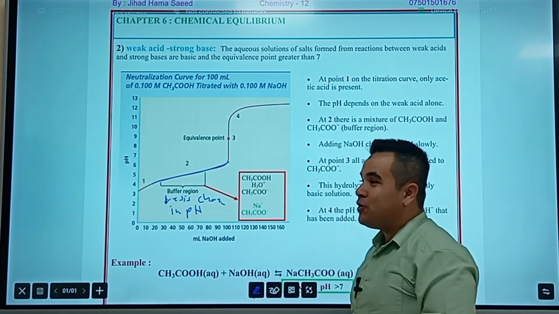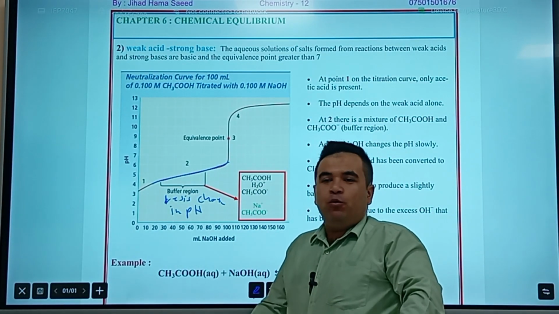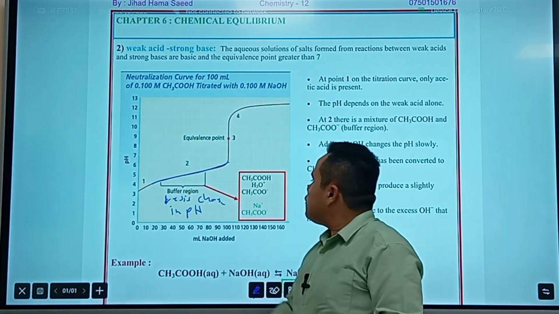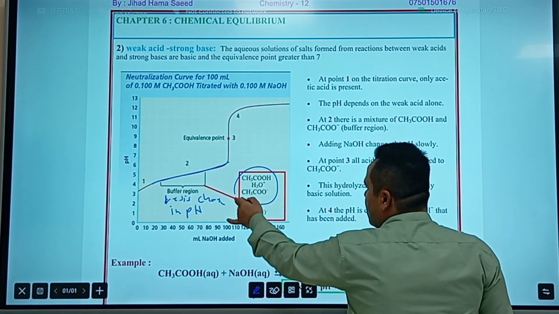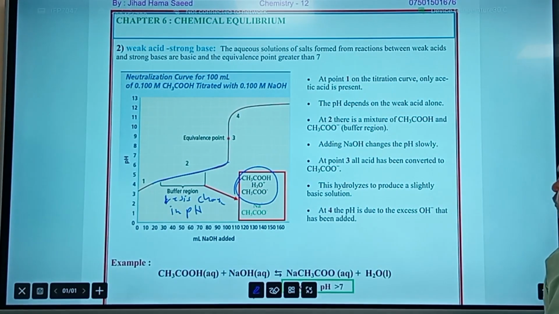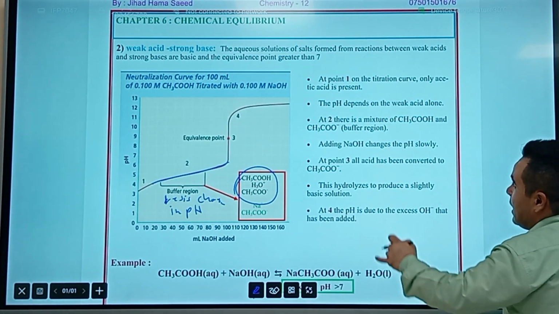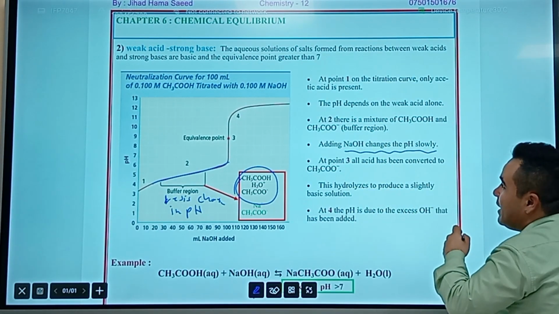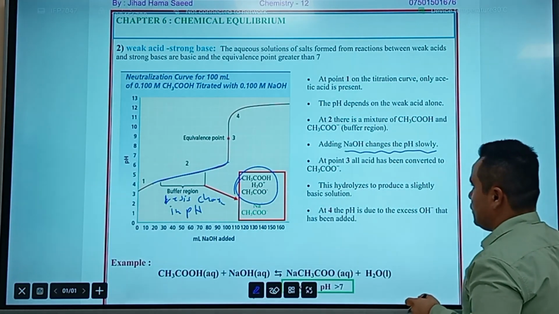That's why there is no vertical jump. We cannot observe a vertical jump in pH because this is a buffer region, and the acetate and the acetic acid both exist in that region. Adding NaOH changes the pH slowly at point 2, because it's a buffer solution.